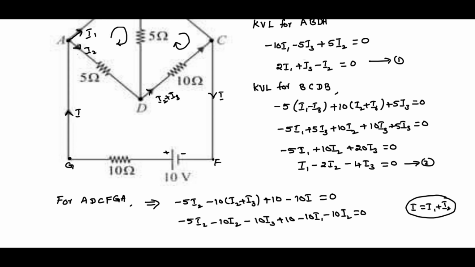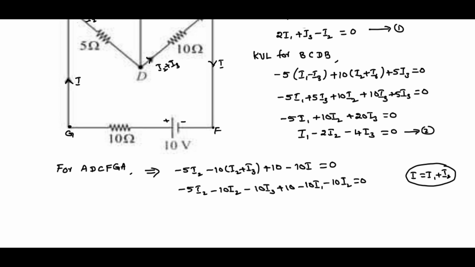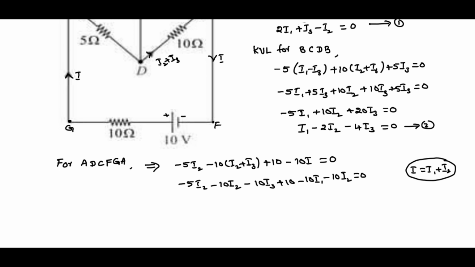If you simplify this, in terms of I1 we have minus 10 I1, I2s we will have minus 10 I2, minus 5 I2, here minus 10 I2, we have minus 25 I2, and I3s we have minus 10 I3.